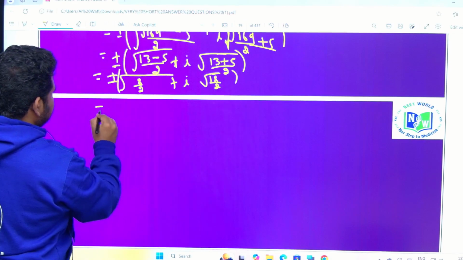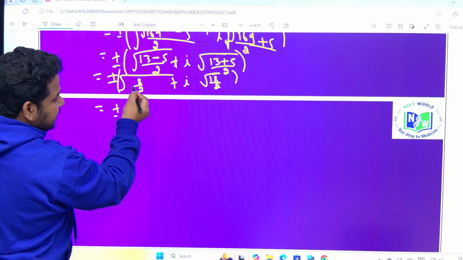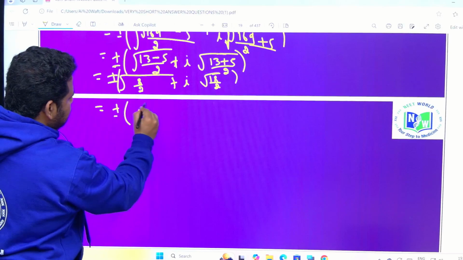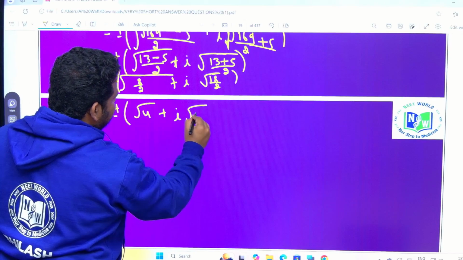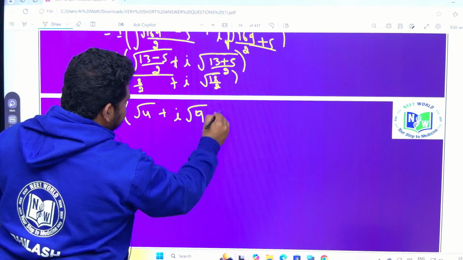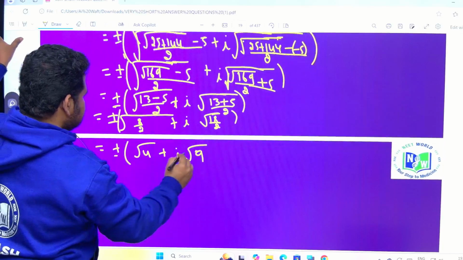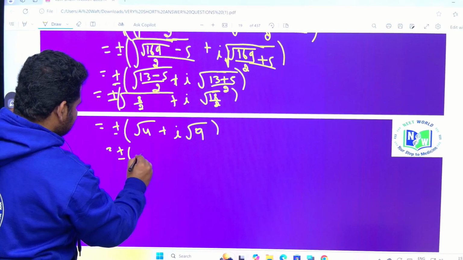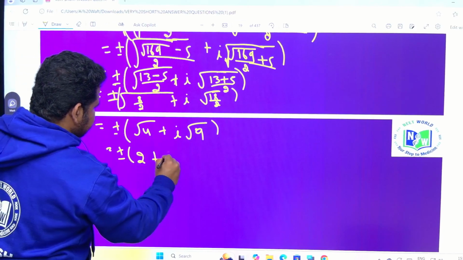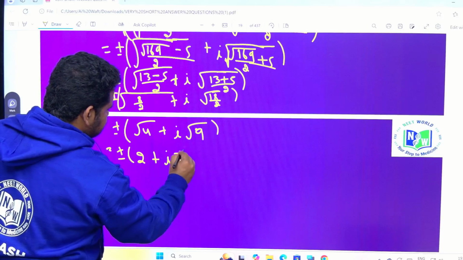So this will be plus or minus 8 by 2 is square root of 4, plus i into 18 by 2 is square root of 9. So this will be equal to what, friends? Square root of 4 is 2, plus i into square root of 9 is 3. So this is the answer.